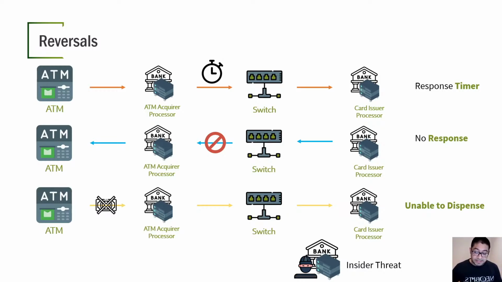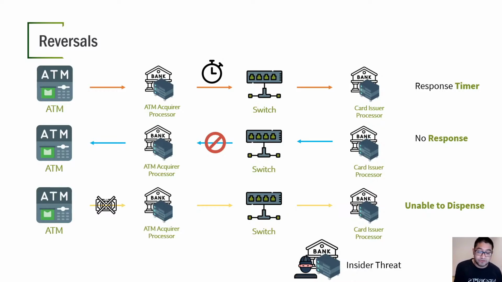The ATM will not dispense partial notes, will not dispense at all, and because of this it will send a message to the card issuer processor, so they know they have to do a reversal to that account, because the amount was already debited from the account and the customer will need the money back.